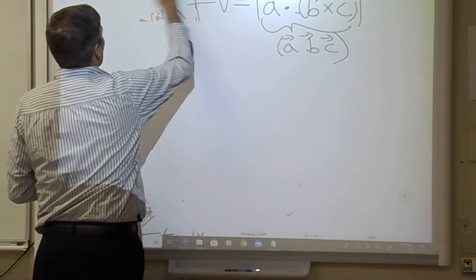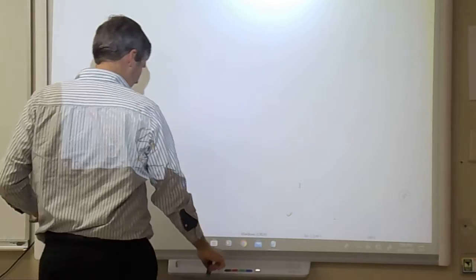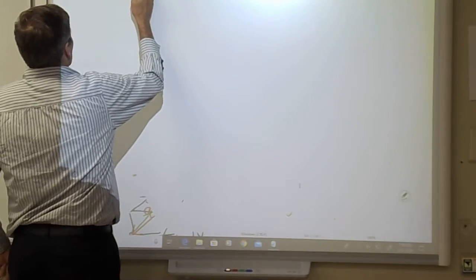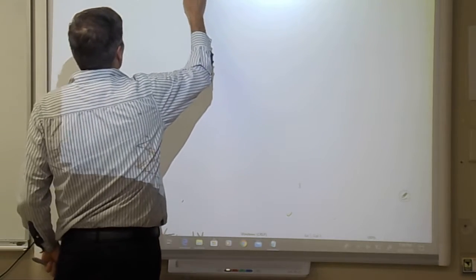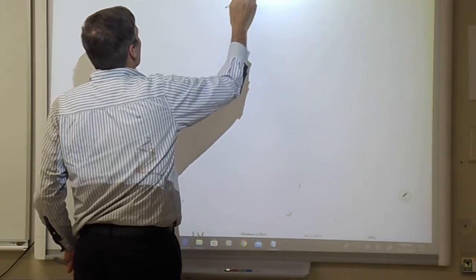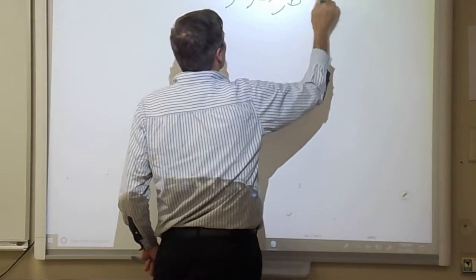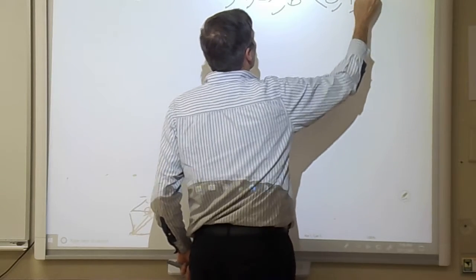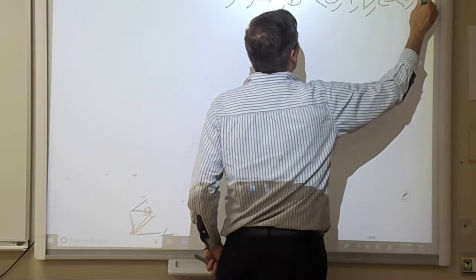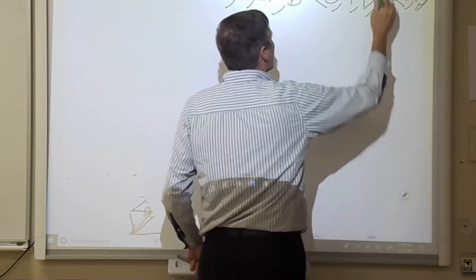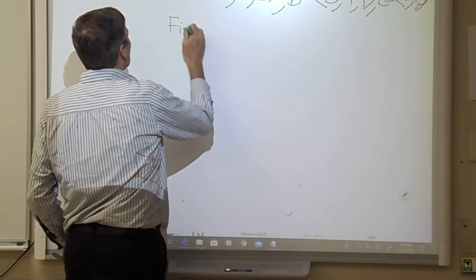Alright, so let's see if we can calculate a volume here. Suppose I consider A to be the vector (1, -1, 2), B to be the vector (0, -1, 1), and C to be the vector (2, 1, 3). Find the volume of the parallelepiped that they determine.